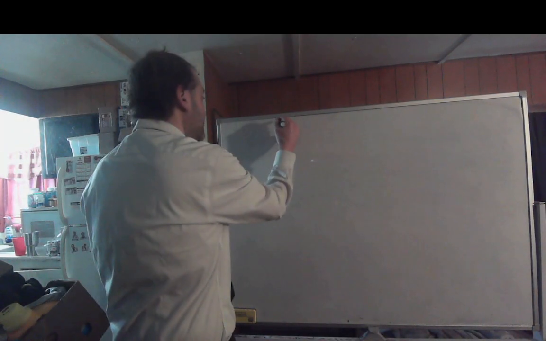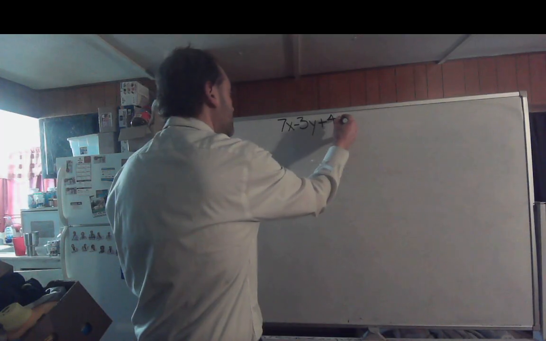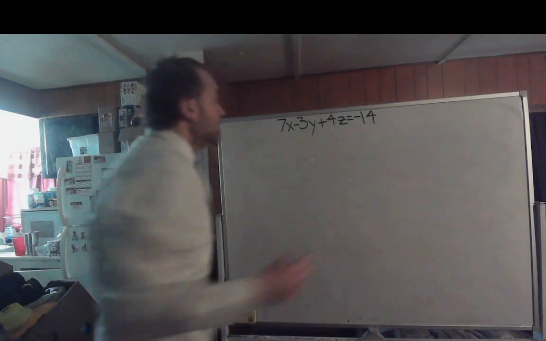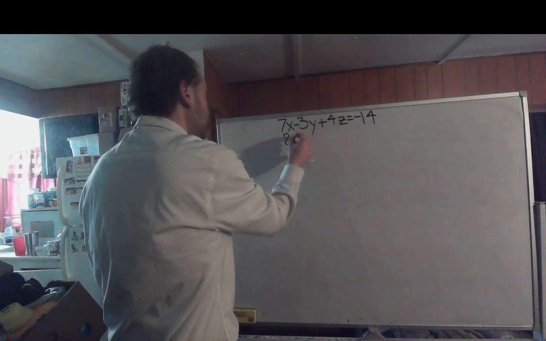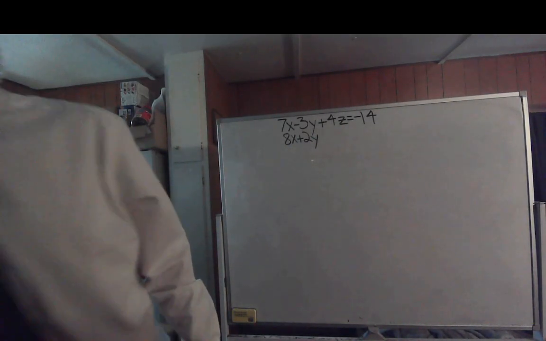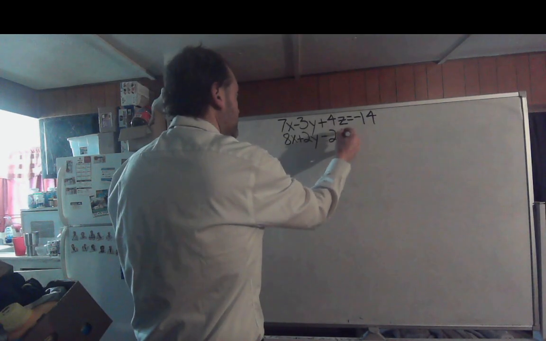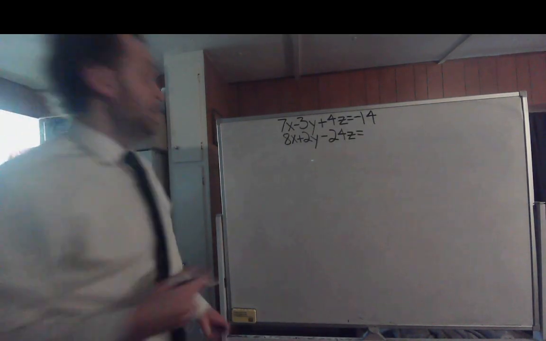So we have 7x minus 3y plus 4z equals negative 14. Then we have 8x plus 2y minus 24z is equal to 18.